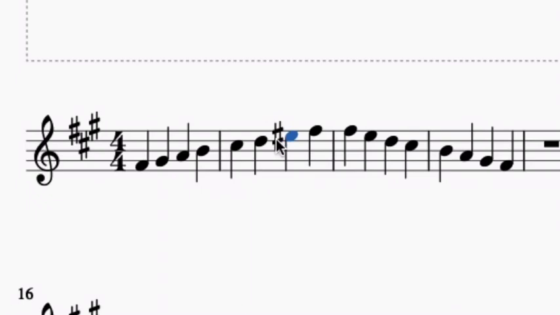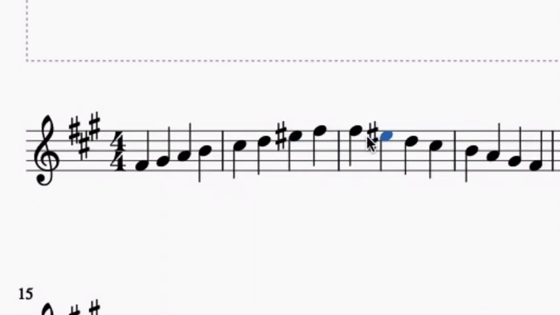We have an E sharp going up and going down. That's the F sharp harmonic minor scale. Let's listen to it. It gives that leading tone feel.